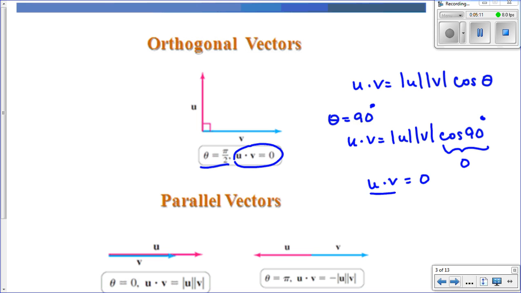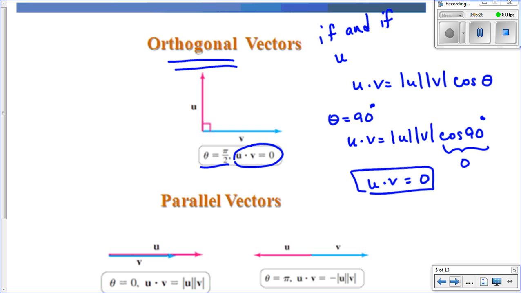Likewise, if the dot product is 0, the two vectors will always be orthogonal to each other. So that's an easy way to tell if two vectors are orthogonal. Check their dot product. If it's 0, the two vectors will be orthogonal. So u and v are orthogonal if and only if u dot v equals 0.